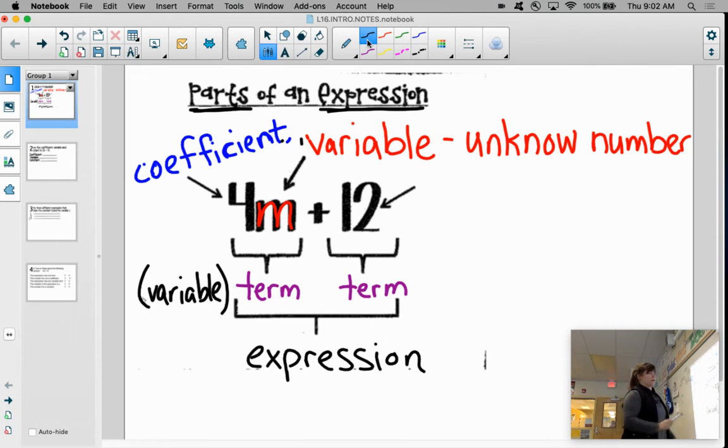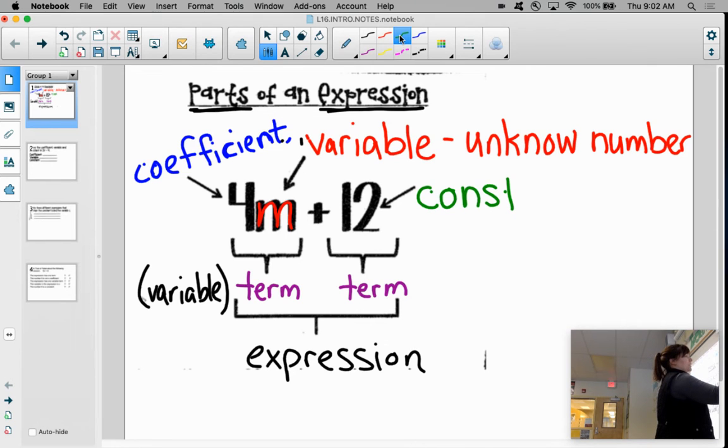The whole thing is an expression. This particular expression has two terms, the 4m on the left and the 12 on the right, and it's connected with an addition sign. The 4m is a special term called a variable term because it has a variable in it. The 12 has a special name because it is all by itself and it is just a number, and we call that a constant.